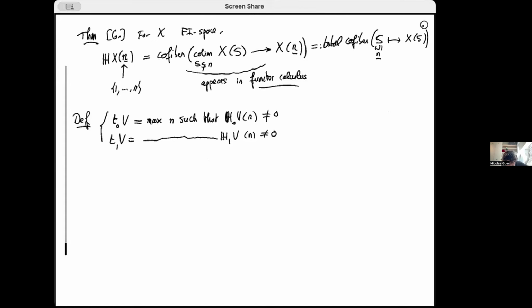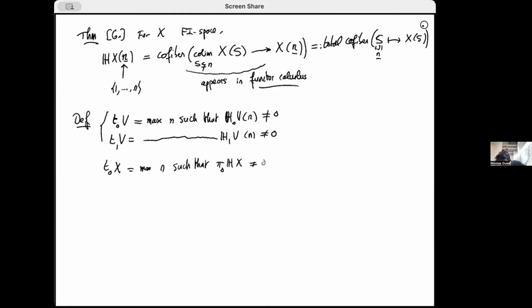And I can do the same thing for a space. So I can take T0 of a space X, which would be the max n such that, so this time HX is a space, but I can look at its pi 0.